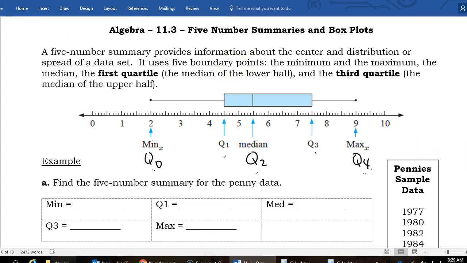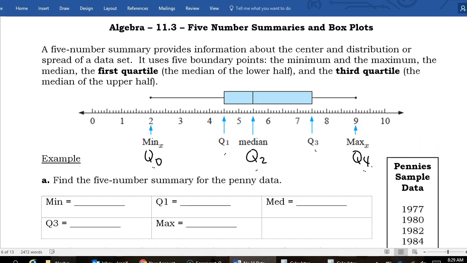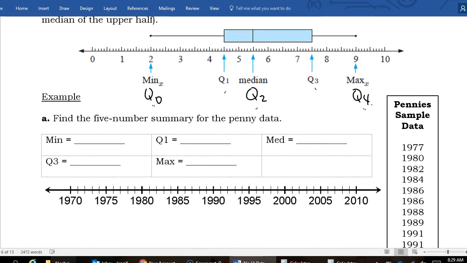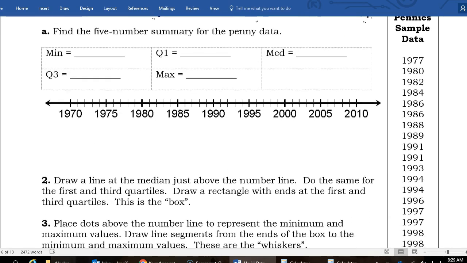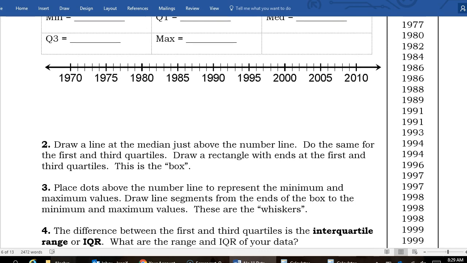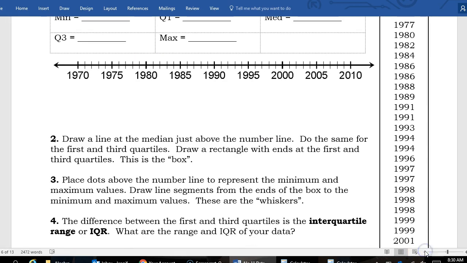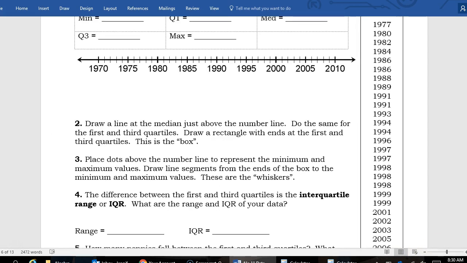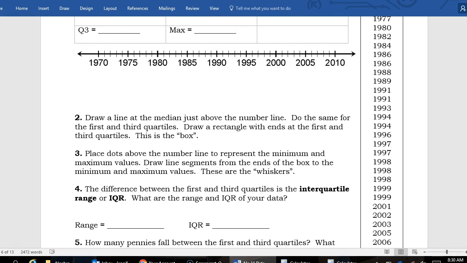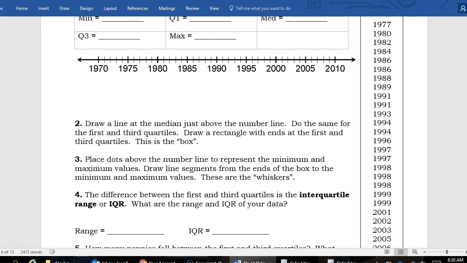Our example here then asks us to find the 5-number summary for the penny data. So I'm going to try to get all of this data on the screen. I can easily identify the minimum and maximum values because they would be the lowest and the highest values.